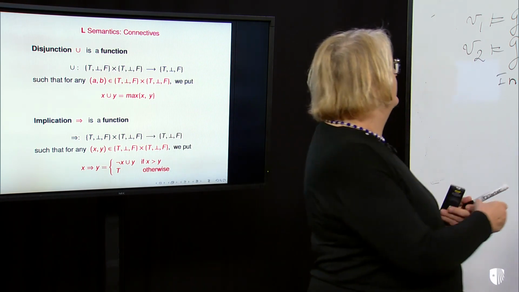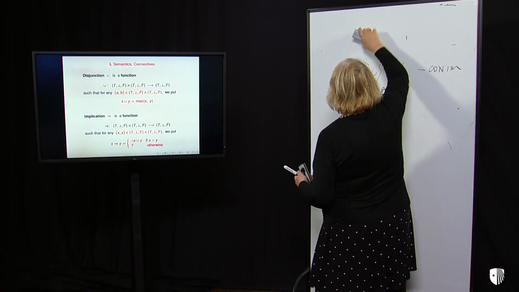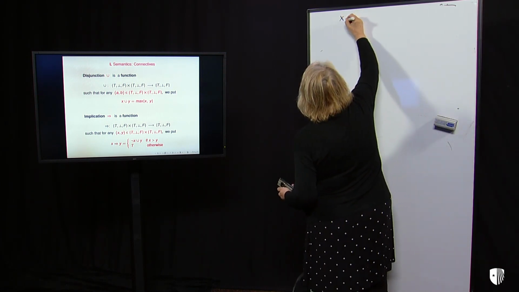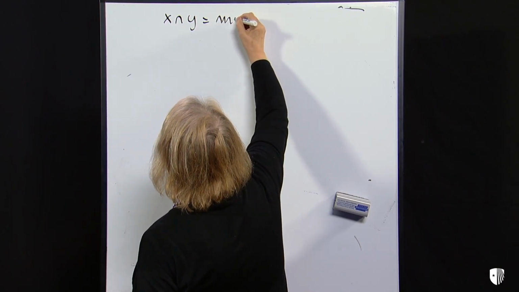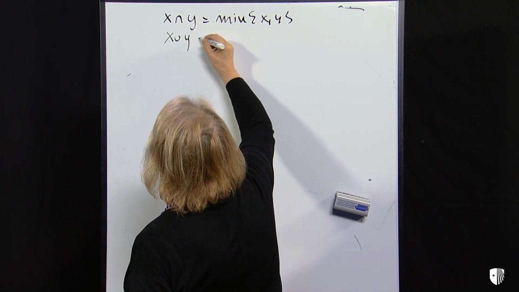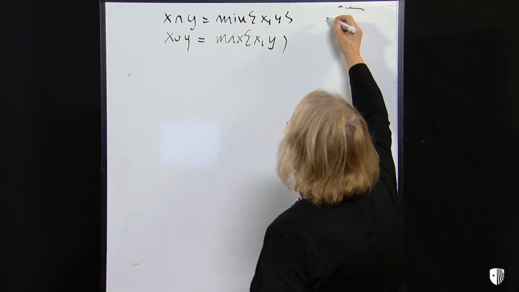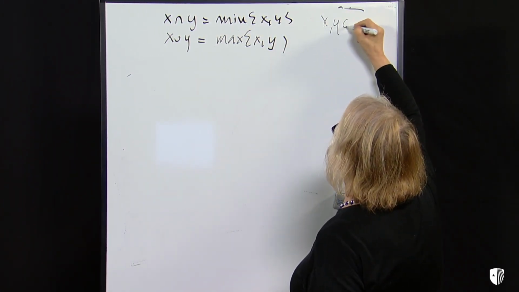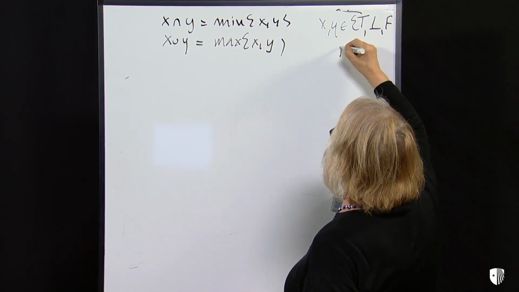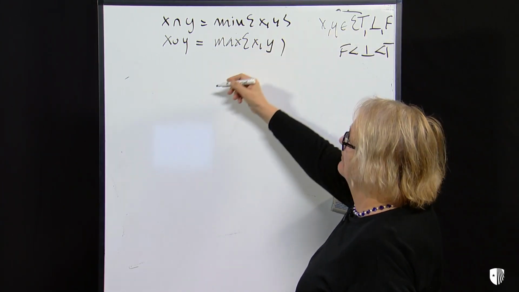Here's the formula for implication, and I'm going to write it: x implies y is max of not x and y, where x, y are now true, unknown, false, and false is less than unknown, less than T, and that's why you have max.